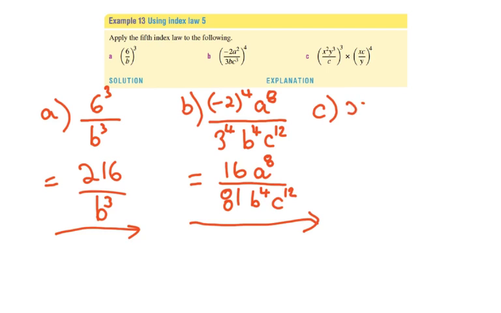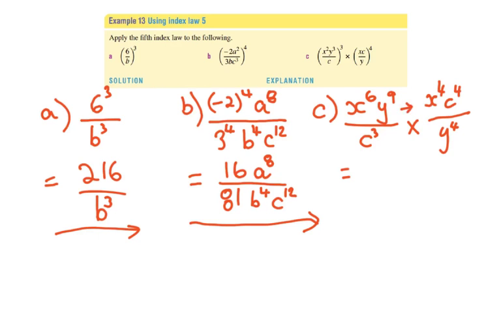So it's going to be x to the power of 6, y to the power of 9 over c to the power of 3, multiplied by x to the power of 4, c to the power of 4 over y to the power of 4. Now we can actually multiply our top bits together, then multiply your bottom bits together.